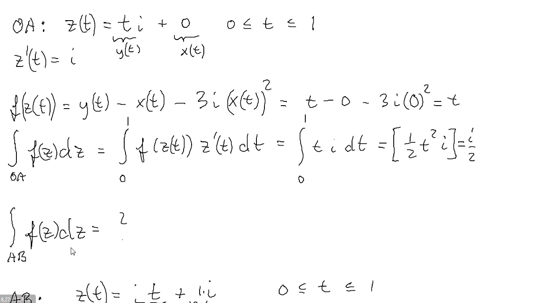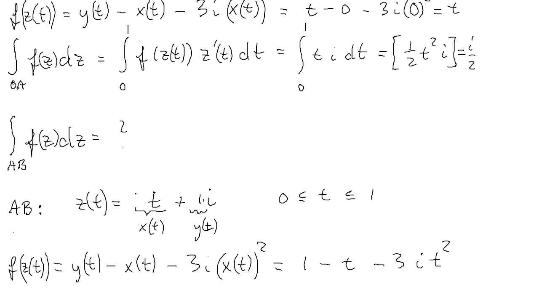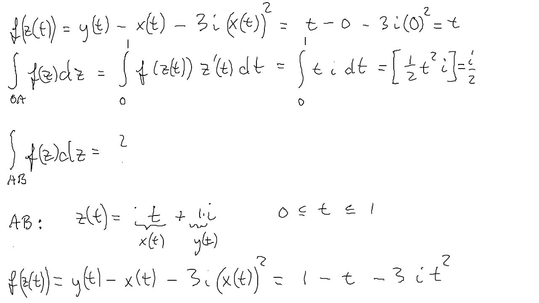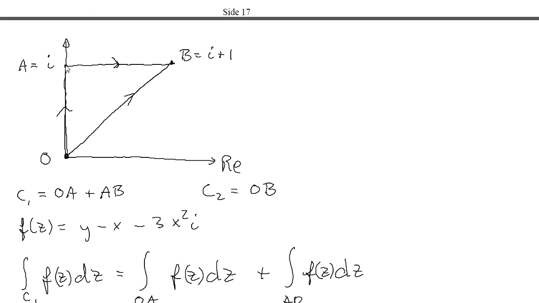Let's integrate from A to B as well. In this case, z of t could be chosen equal to t plus 1i. Recall that the imaginary part is constantly equal to 1 along this line. Just recall this.